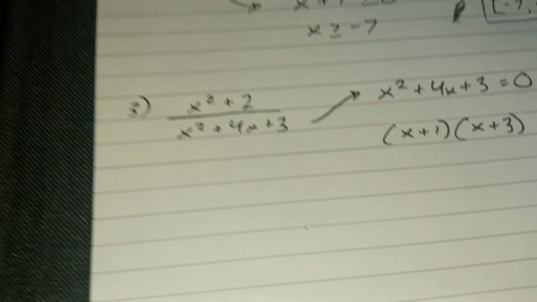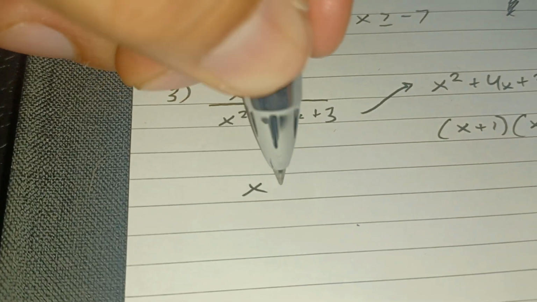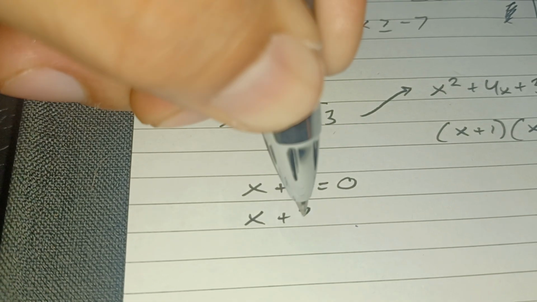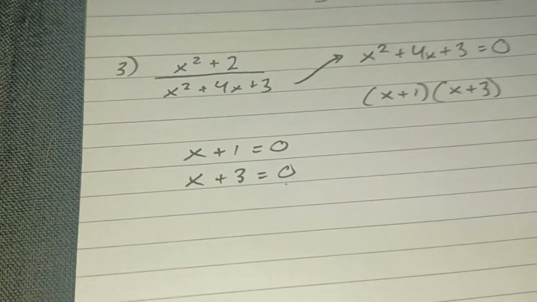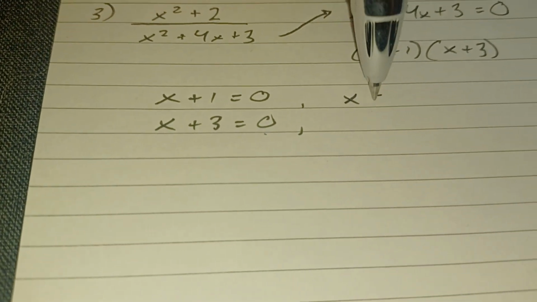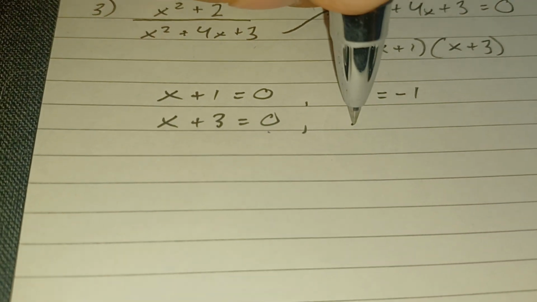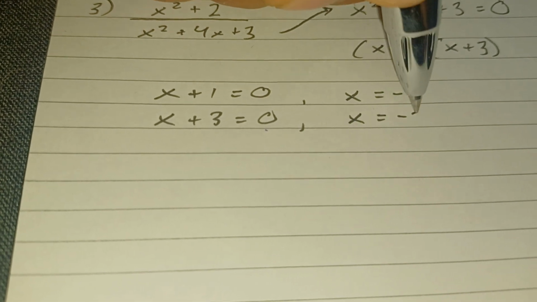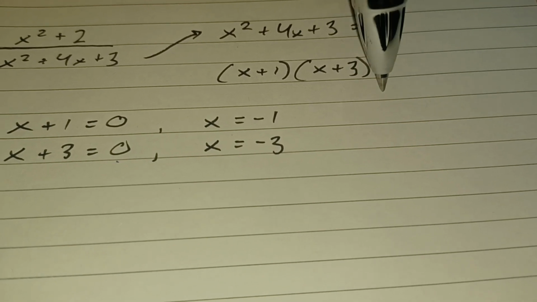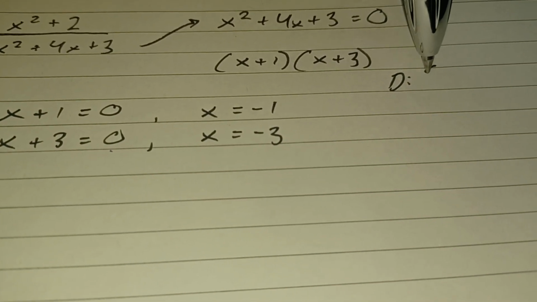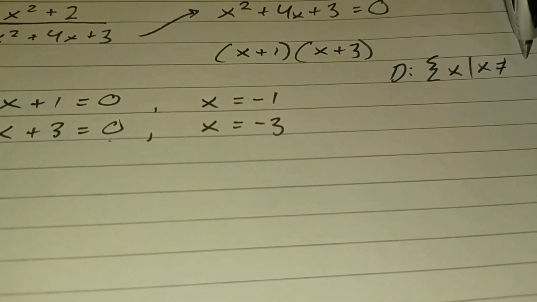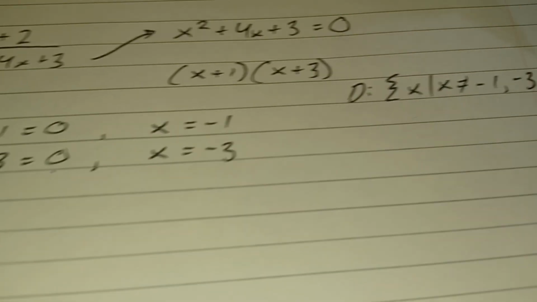So now that we have x plus 1, we set it equal to 0, and x plus 3 is equal to 0, right? So if we solve, we get x is equal to -1 and x is equal to -3. So again, we put the domain as x such that x cannot equal -1 and -3.